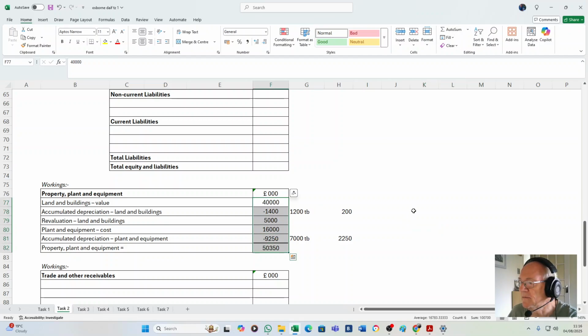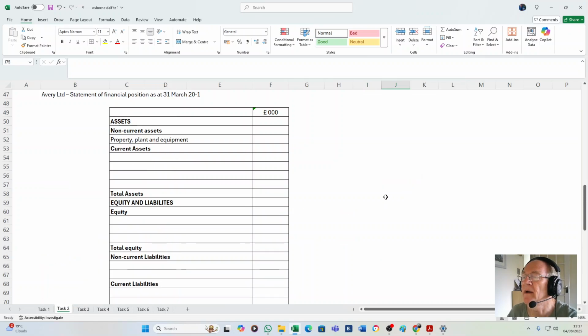Add it all up. 50350. We've got our first numbers in, and a few marks earned. Right, that started.